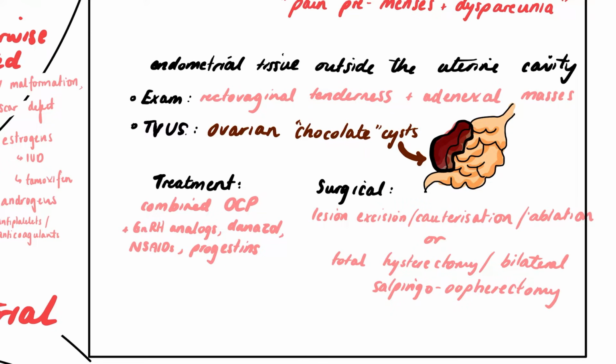Surgically, you can have non-definitive treatment in the form of excision, cauterization, and ablation of lesions. However, if these methods are used, the endometriosis, or the abnormal growth of uterine tissue, can still recur. So the definitive treatment is the complete removal of the uterus, a hysterectomy, or a bilateral salpingo-oophorectomy, which is removal of the fallopian tubes and of the ovaries.